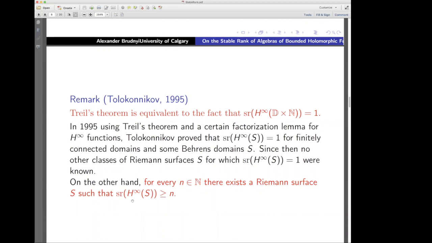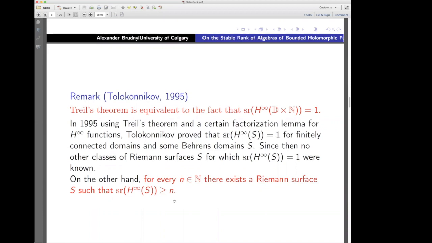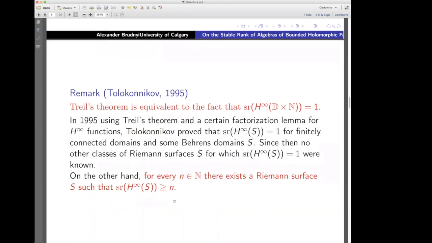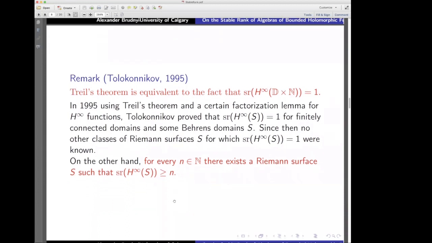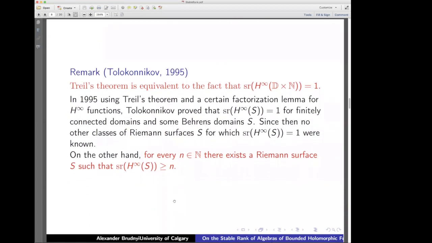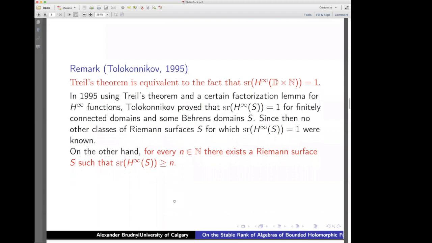And in particular, this is why we have stable rank more than 1. But in general, I don't have any ideas about the stable rank of H infinity over Riemann surfaces for which the Corona theorem is true.